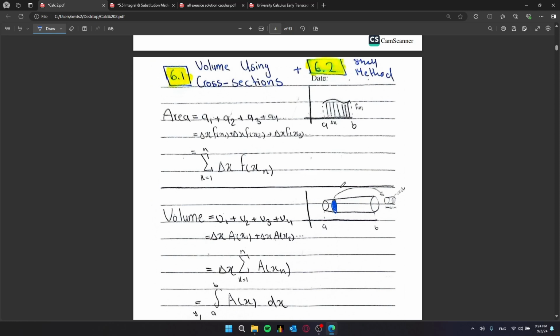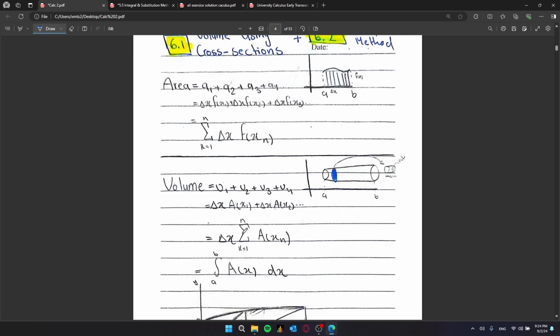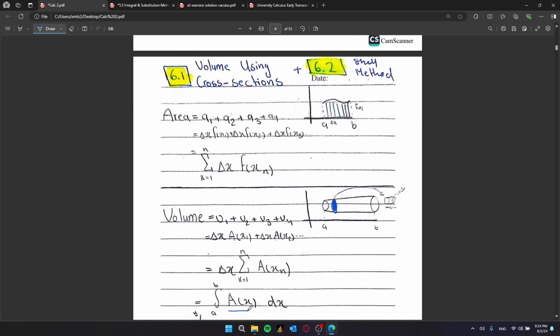What is a cylinder if not a large number of circles stacked on top of each other? We don't know the volume of a cylinder, but we know the area of a circle, which is a lot easier to calculate. And what you're going to want to do is put that in your A of x, which is just the area function of the circle, and then you just integrate it from a to b, so you're finding the area of all these circles stacked on top of each other.